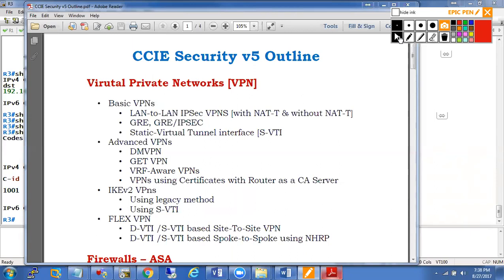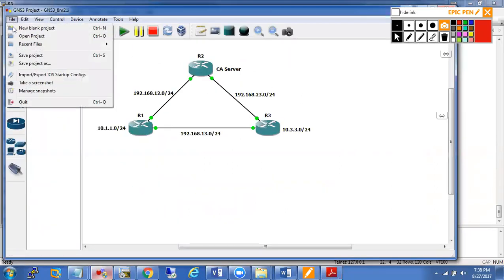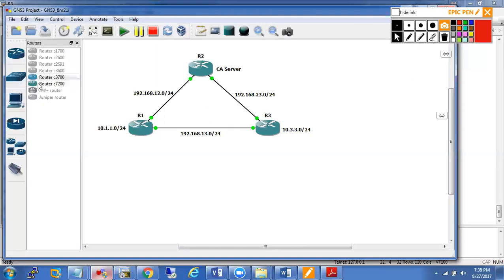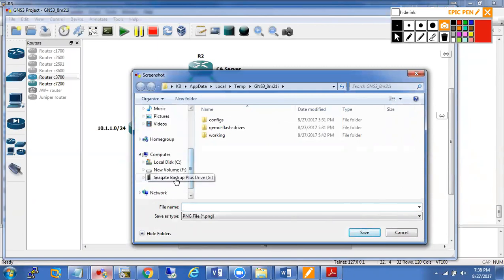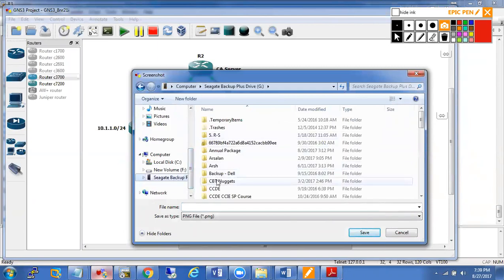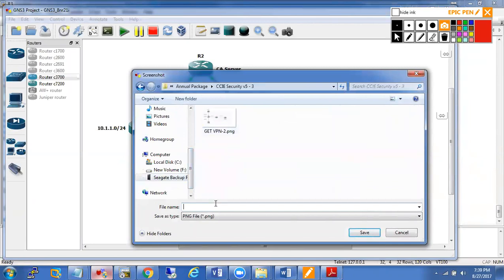All right, first of all, when we talk about IKEv2, before we do that, let me just get rid of this, create some pictures for you guys so that you have this. Take a screenshot. So this is the CA server.